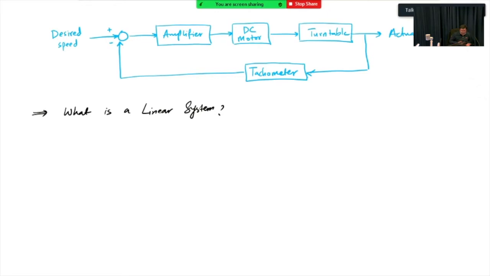Okay, a linear system, as the name suggests, is a system that is linear, meaning it satisfies the linearity properties. So we can say a linear system is a system that satisfies the principle of superposition.